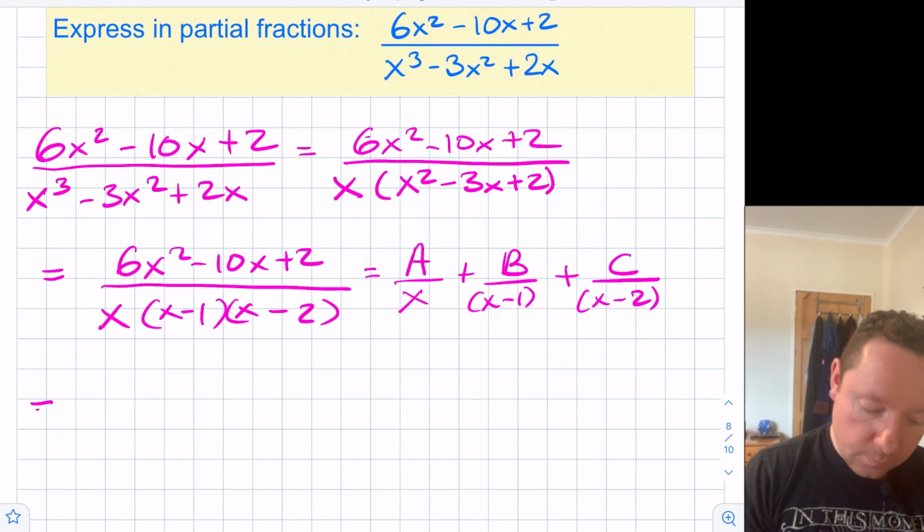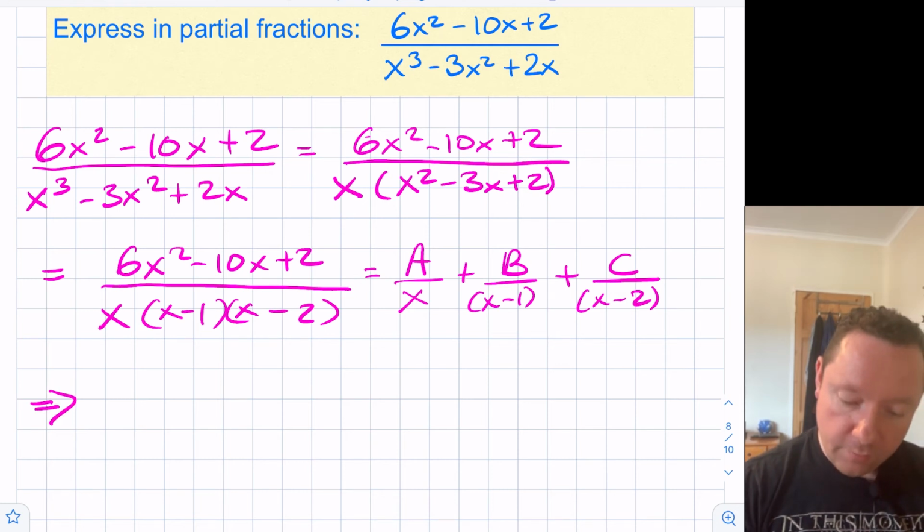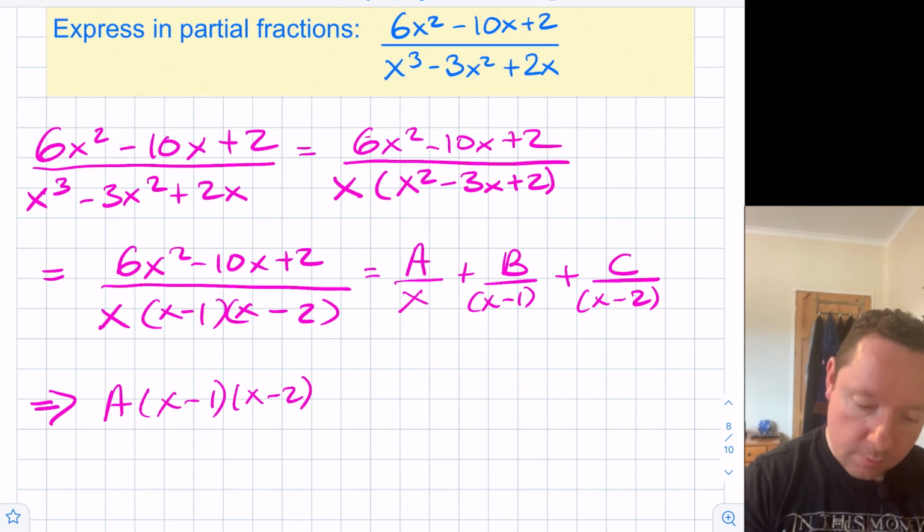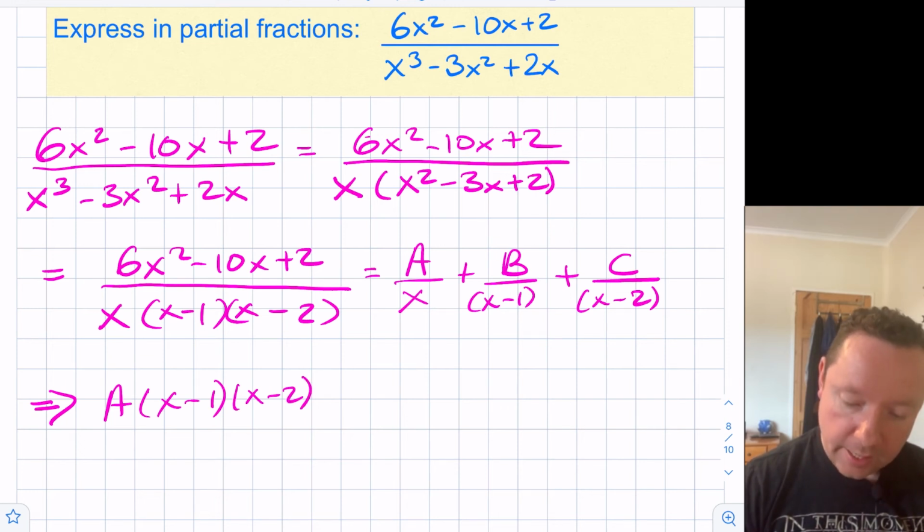So, being very careful, this one's been times by this, so we've got a x minus 1 x minus 2. The b one's been times by x and x minus 2.